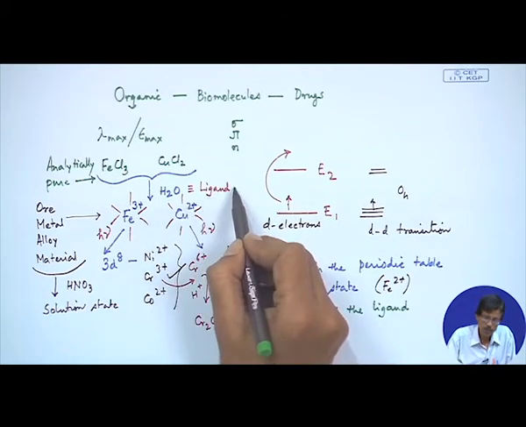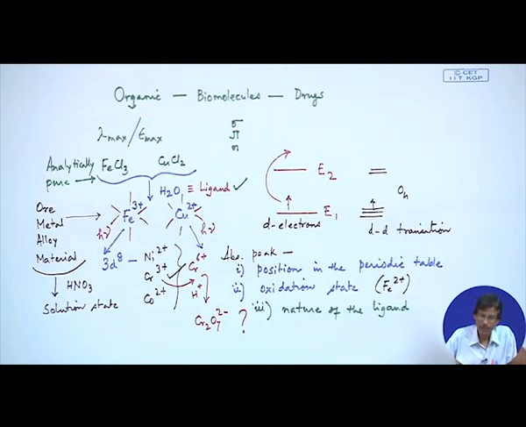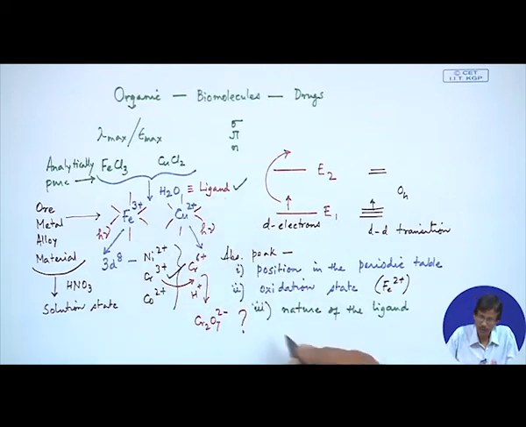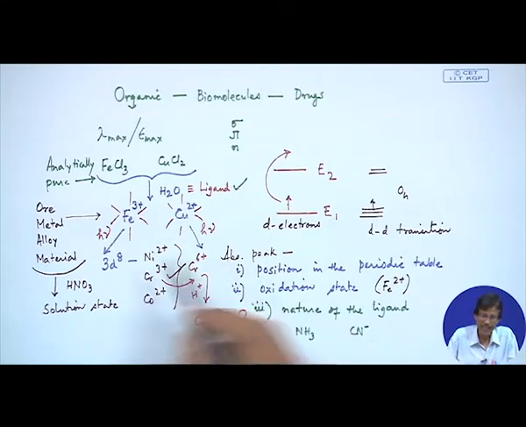If your solution is present and you add some aqueous ammonia, or some solution containing cyanide ions, these will directly bind to the metal ion center, and your electronic spectra will change due to the binding of ammonia or cyanide.